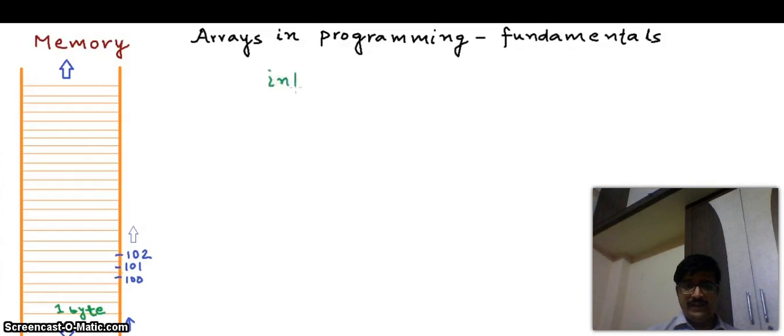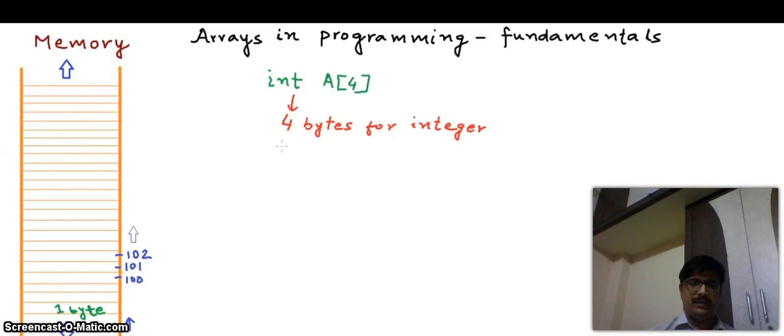Now, when we define an array, for example an integer array of size 4, then if an integer typically takes 4 bytes of memory, an array of 4 integers will take 16 bytes of memory.